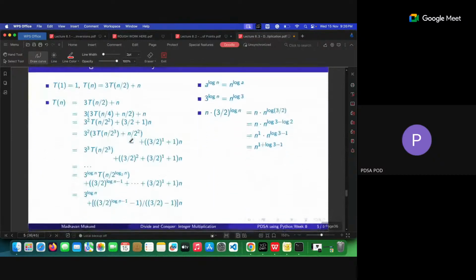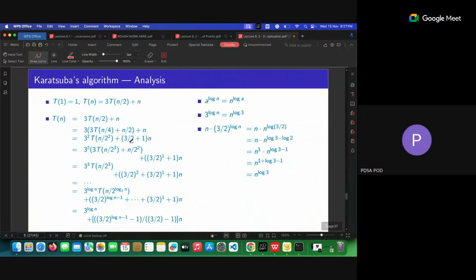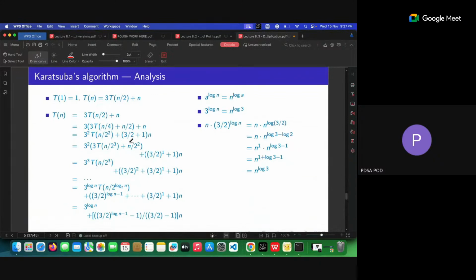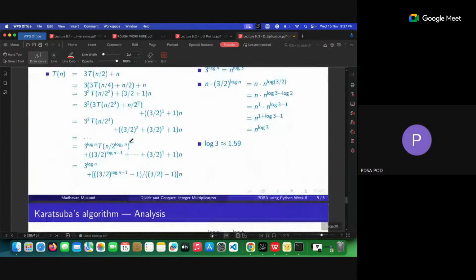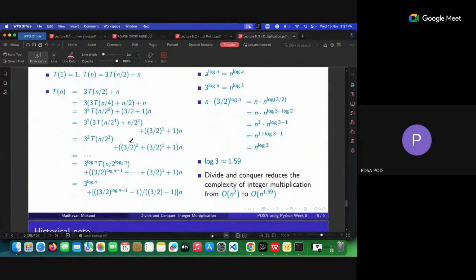This is the complete analysis. Here is the complete recurrence relation, where T of n is written in expanded format as 3 times T of n by 2 plus n. When it comes to the log conversion, finally we get n to the log 3, which is n to the power of 1.59, somewhat less than n square.